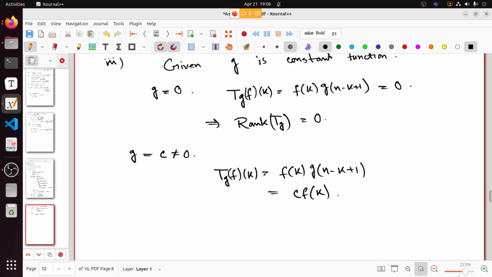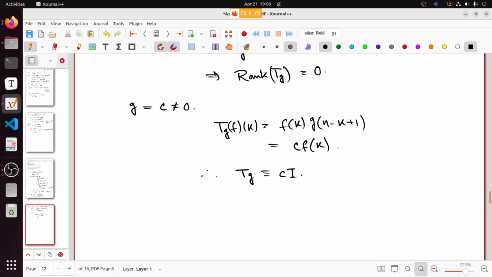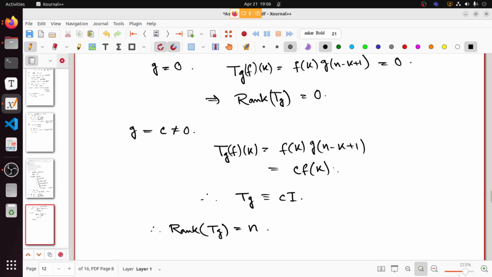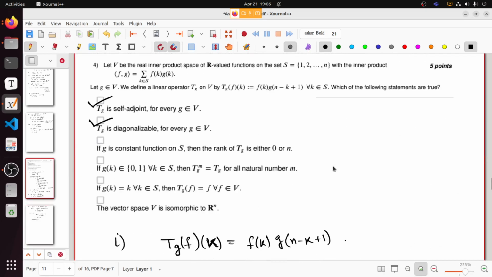So therefore this is c times the identity operator, and c is non-zero. So therefore the rank of Tg is n, because the identity operator has rank n. So if g is a constant, then the rank of Tg is either 0 or n. So option number 3 is correct.